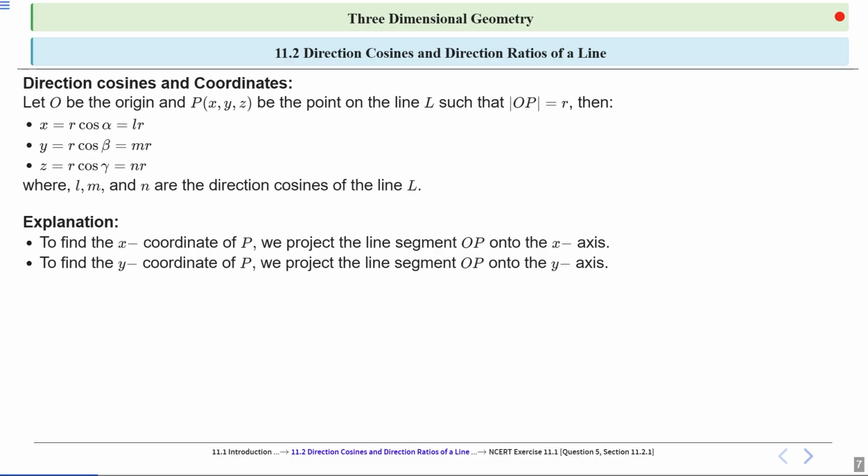To find the y coordinate of P, we project the line segment OP onto the y-axis. Okay, and the formula y equals r times m tells us how much of OP points in the y direction, with m being the cosine of the angle with the y-axis.